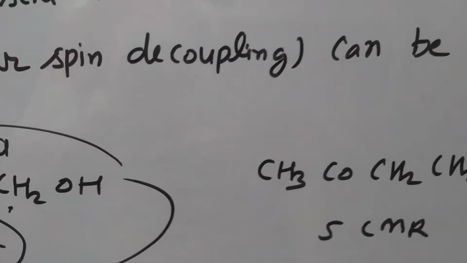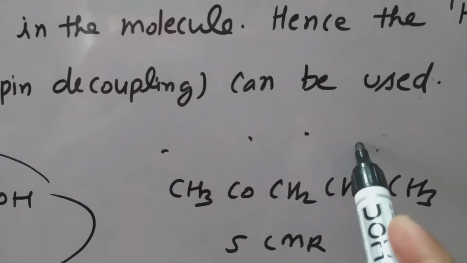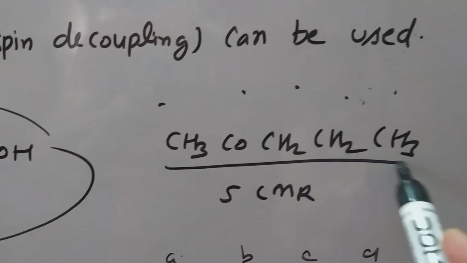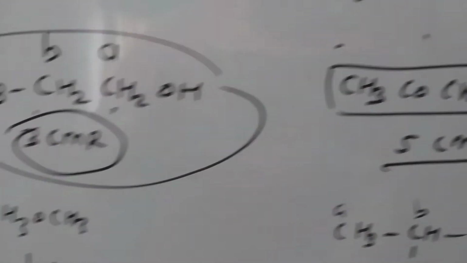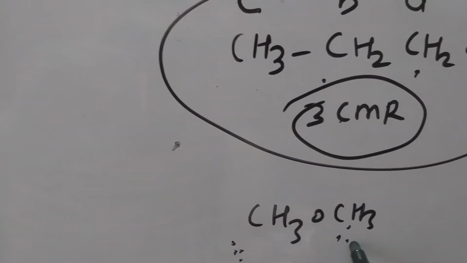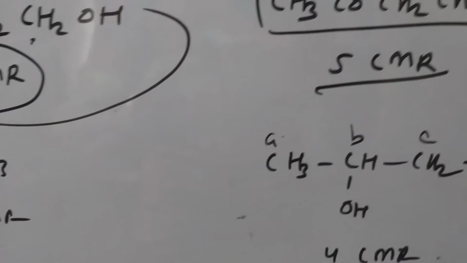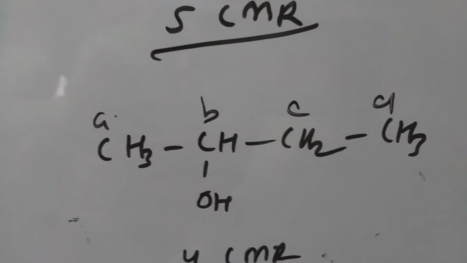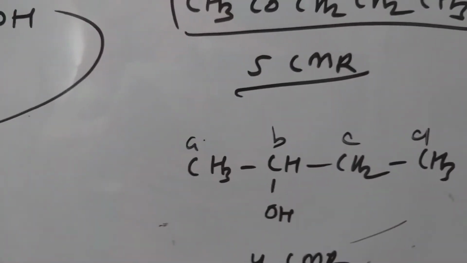In the second example, there are a total of 1, 2, 3, 4, 5 sets of non-equivalent carbon, and we expect 5 CMR signals. In this case there is only one kind of carbon. Both of these are equivalent, and we expect one type of CMR signal. In this case there are 4 kinds of carbon atoms, and we expect only 4 CMR signals.